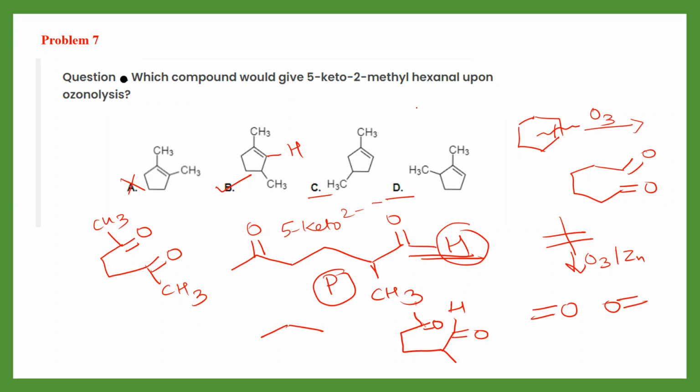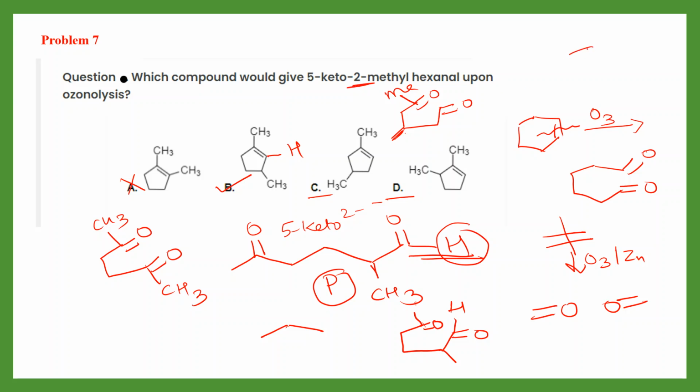I'm also drawing. You guys also start. Here you are getting a methyl substituent at the 1, 2, 3 position, but we want methyl at the 2 position in the question.